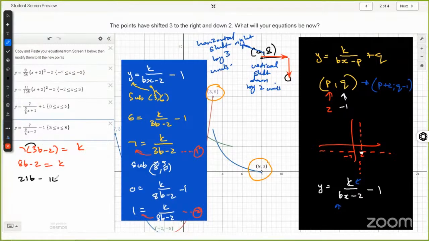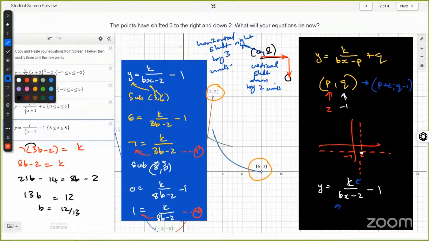Remember, this is going to be 21b minus 14 is equal to 8b minus 2. 21 minus 8 will come to 13b. And then negative 2 plus 14 becomes 12. And so b will equal 12 over 13. Okay, that's my new b, 12 over 13.